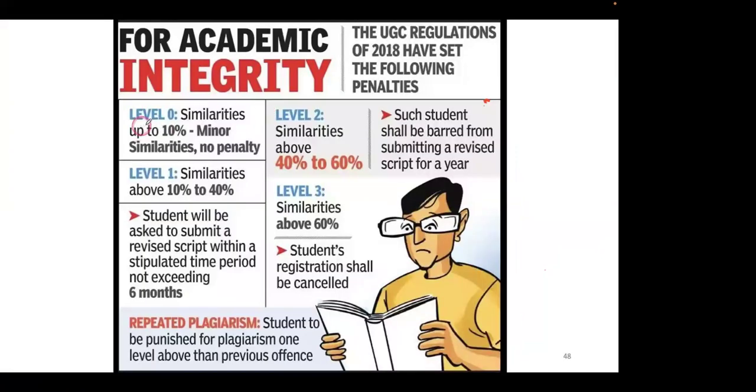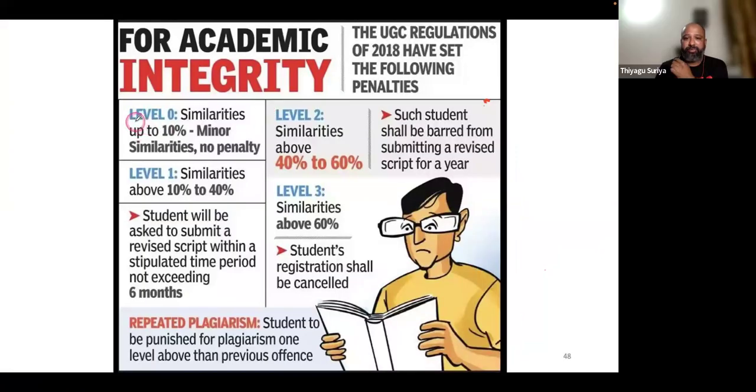According to the UGC guidelines, there are levels of plagiarism. Level 0 is called similarity up to 10%, minor similarity, with no penalty. Level 1 plagiarism is 10% to 40%.